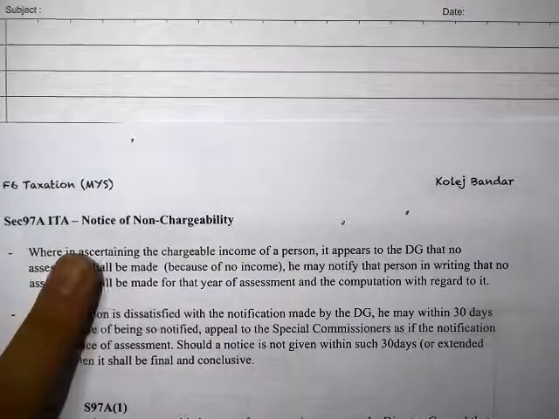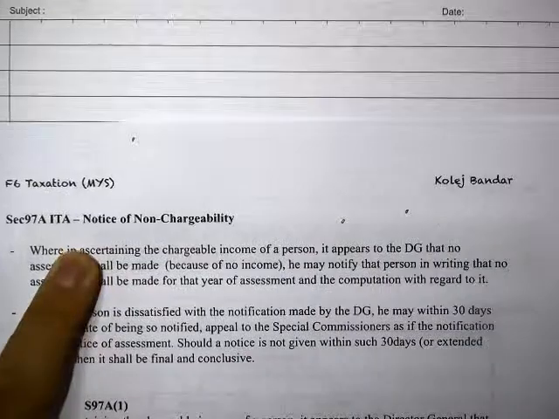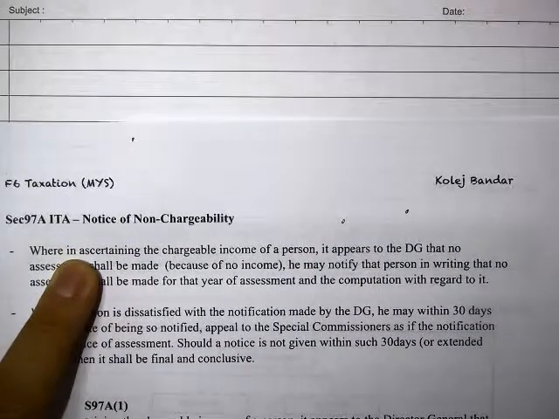Have I explained to you the notice of non-chargeability last class? I didn't, right? Okay. You can only appeal something when you have an assessment. If an assessment is there, you can appeal.